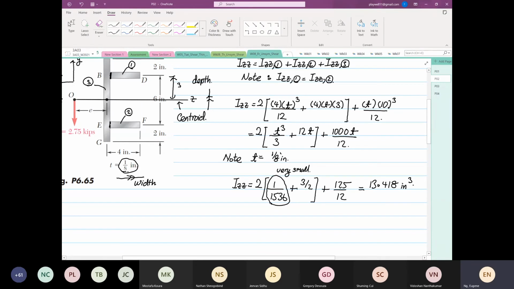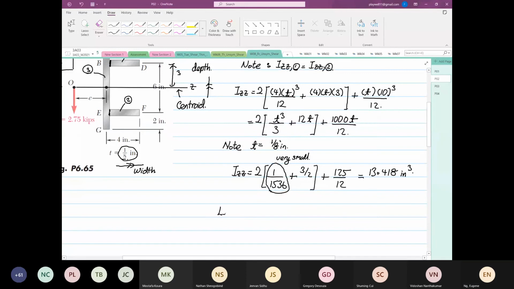So if we were to leave the T cube out, let's look at leaving T cube out of the analysis.